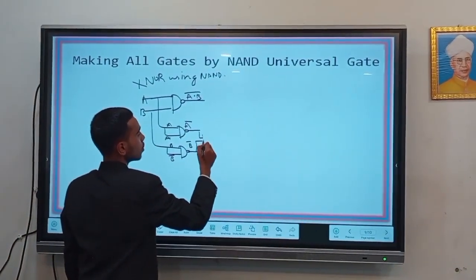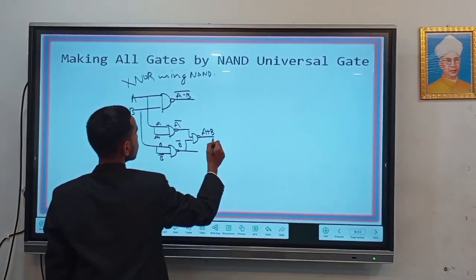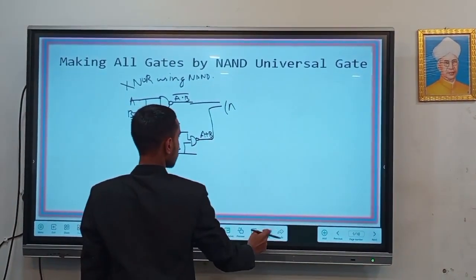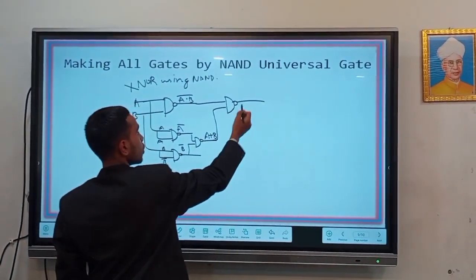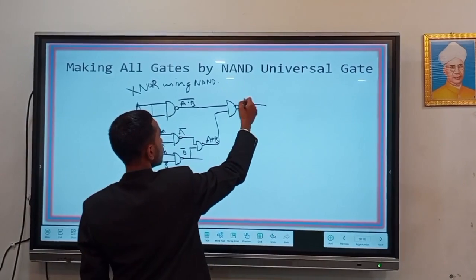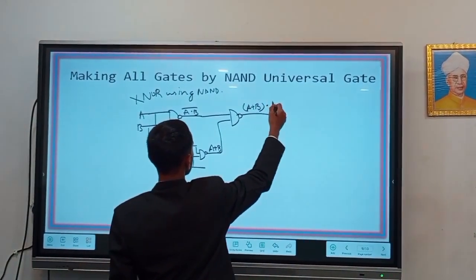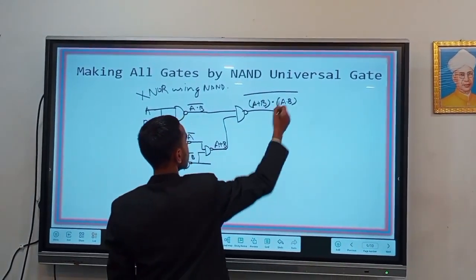Now it is sent to NAND gate to get A plus B. Now it is going to give us the third NAND gate. We are going to get these two, then we are going to get (A plus B) into (A into B) double complement.